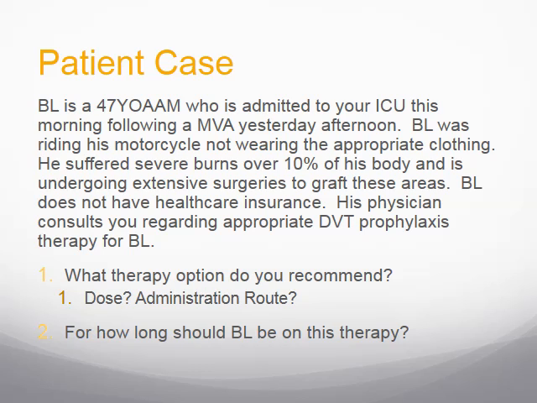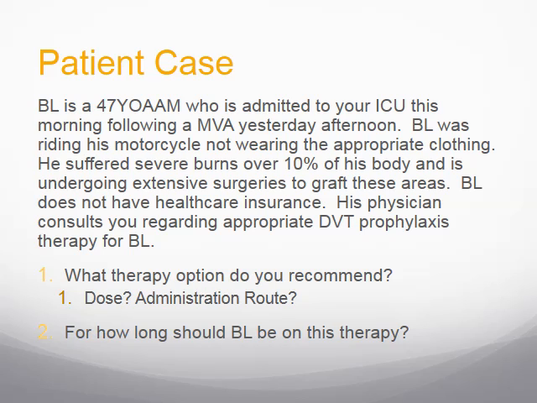So we have a patient case here. BL is a 47-year-old African-American male who was admitted to your ICU this morning following a motor vehicle accident yesterday afternoon. BL was riding his motorcycle and was not wearing the appropriate clothing that he was supposed to be. He suffered severe burns over 10% of his body and is undergoing extensive surgeries to graft these areas.